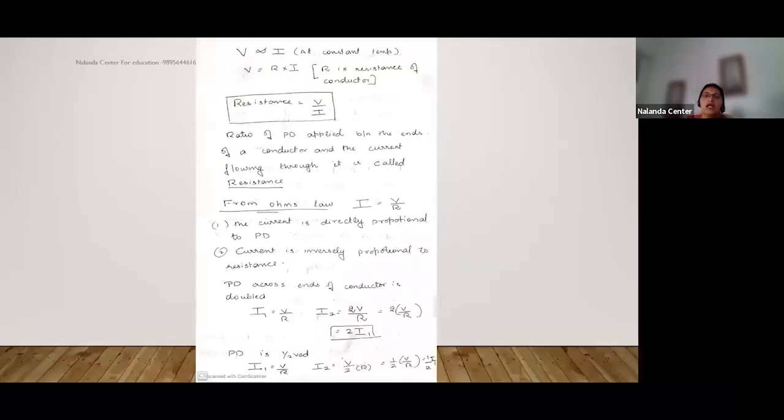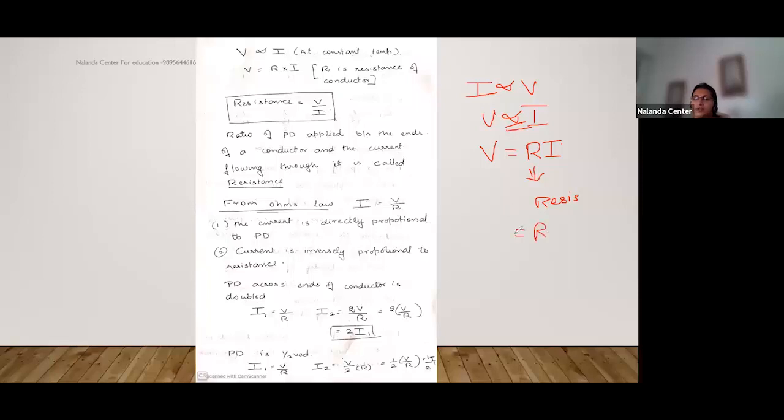Now coming again, we can also write I is proportional to V, as V is also proportional to I. In order to change the sign of proportionality, we are supposed to bring in a constant. That constant is going to be R, which is the resistance. So what is resistance?